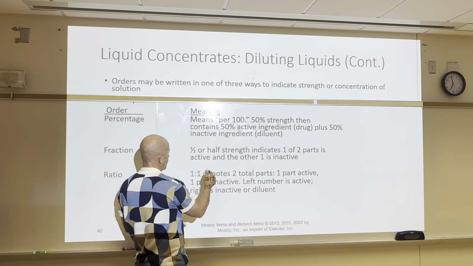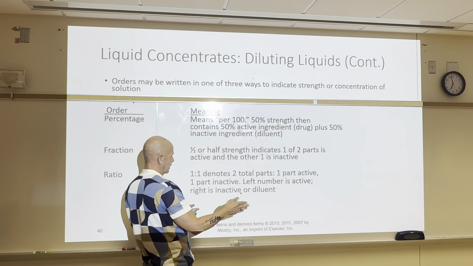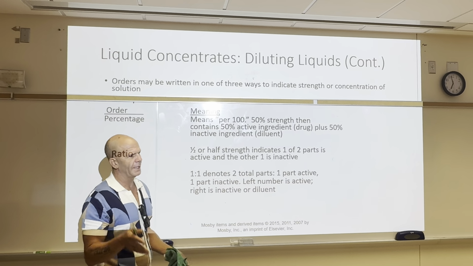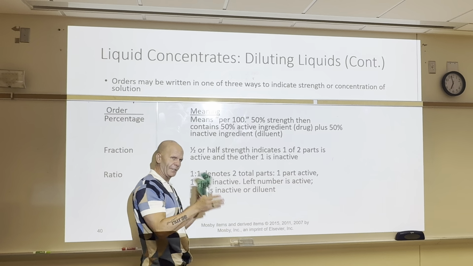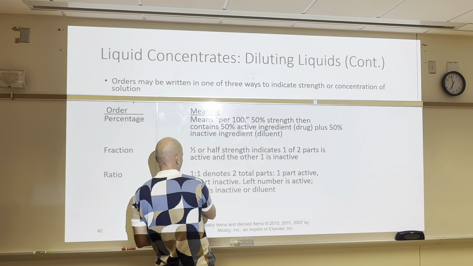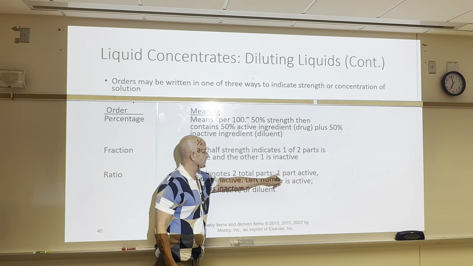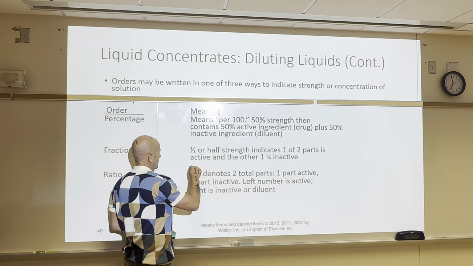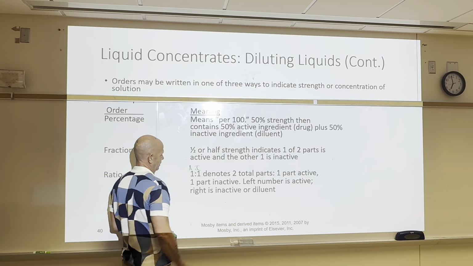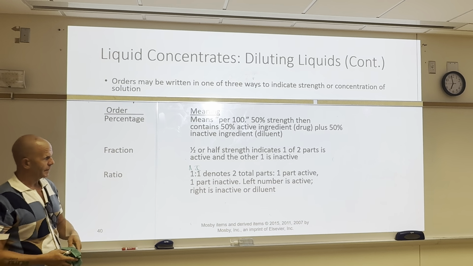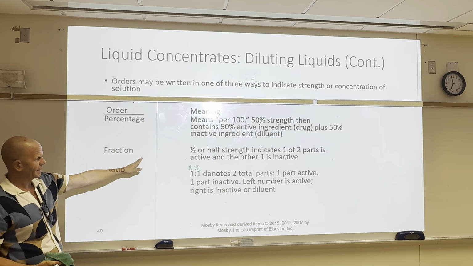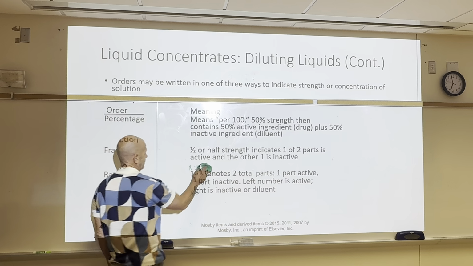There's 1 part this, 1 part this. We'll put bleach and water. 1 part bleach, 1 part water. That's 50% each, right? So 1 part active and 1 part inactive. Left number is always active. Active, inactive. So you'll remember: left number is active, right number is inactive.